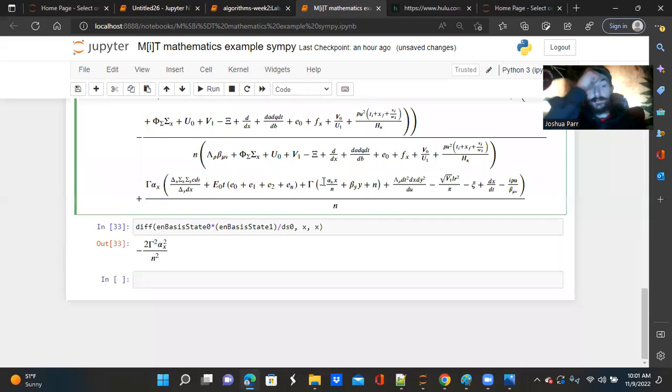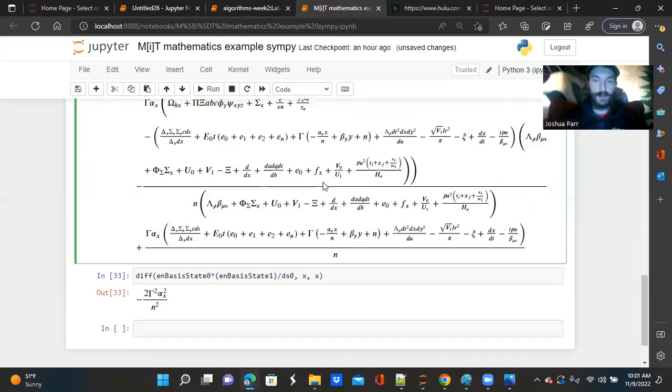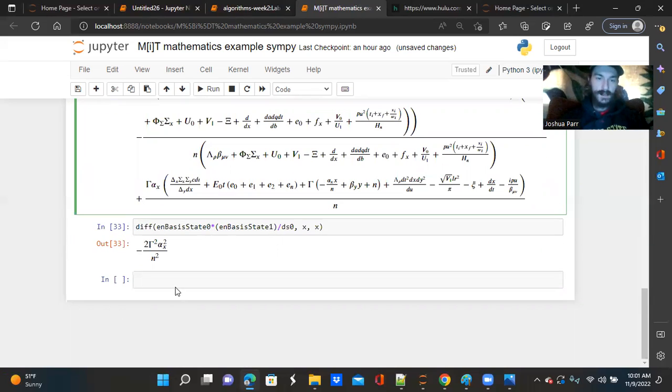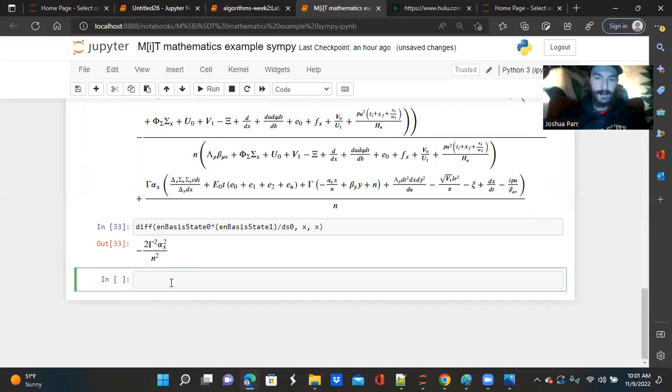So we got -2, the full gamma set squared times a sub x squared over n squared. It's beautiful, the second differential with respect to x. Cleaned it up quite a bit. And then we'll be able to integrate the exact statement here in a moment.